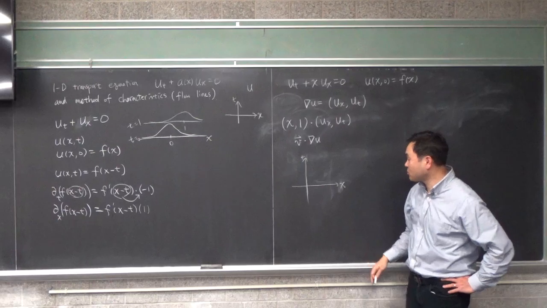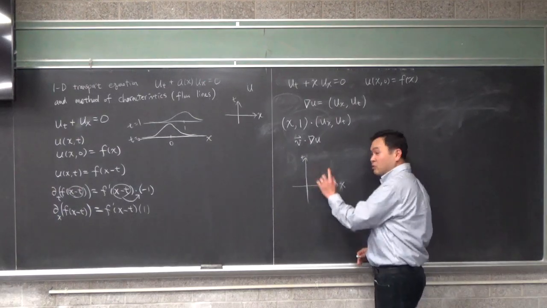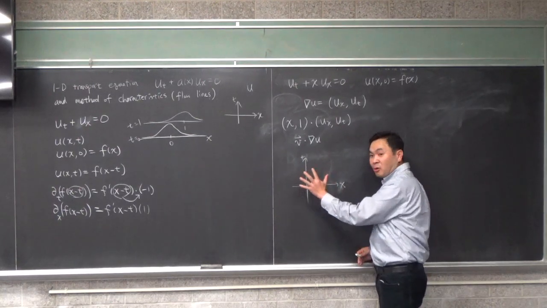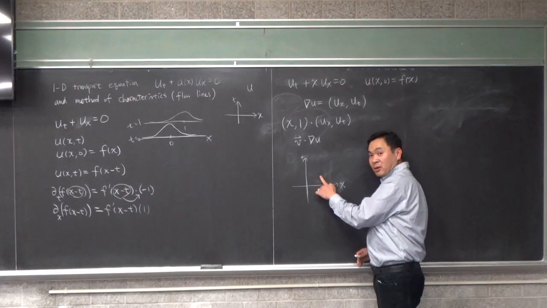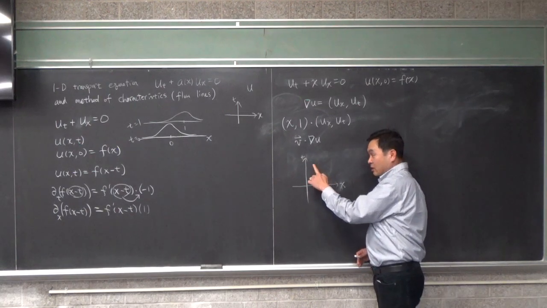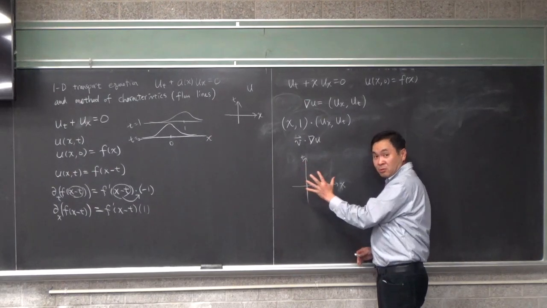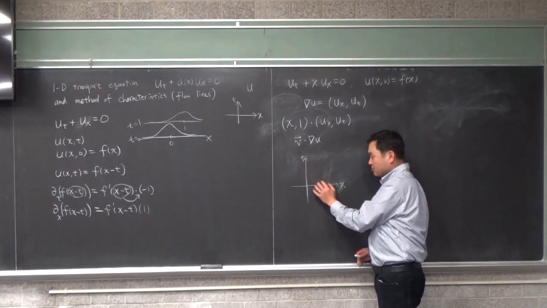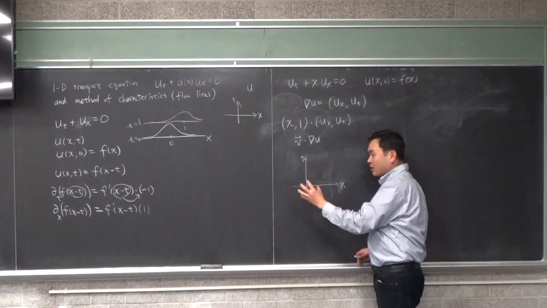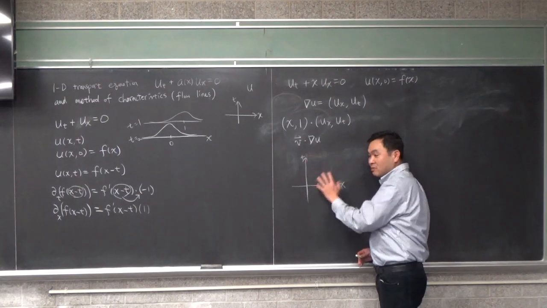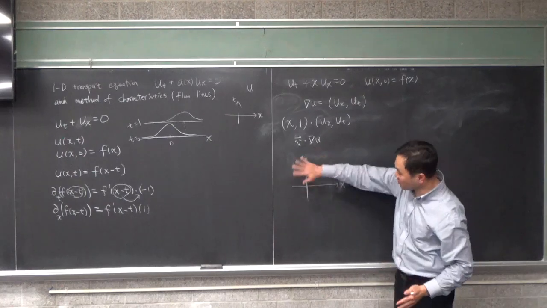Just think about a function whose values are at each point. To help understand what u looks like, think about u as the elevation at each point, so it looks like a terrain map. You have a mountain here, you might have some valley there, and some higher places, lower places. So that's how the function u looks. It's like a terrain map.